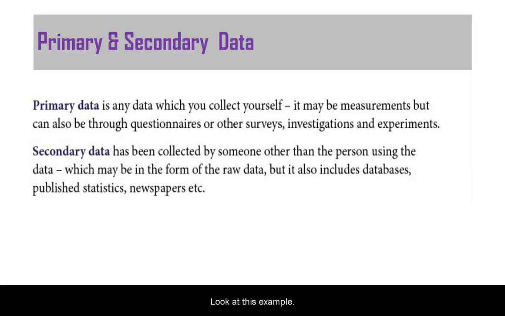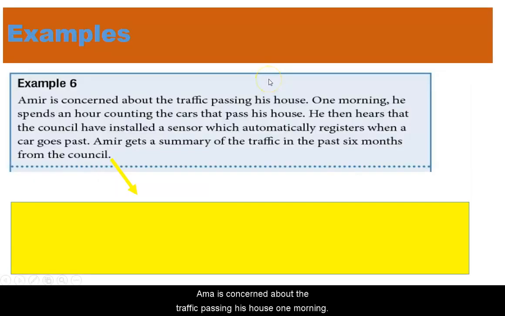Look at this example. Amma is concerned about the traffic passing his house. One morning, he spent an hour counting the cars that passed his house. He then hears that the council have installed a sensor which automatically registers when a car goes by. Amma gets a summary of the traffic in the past 6 months from the council.